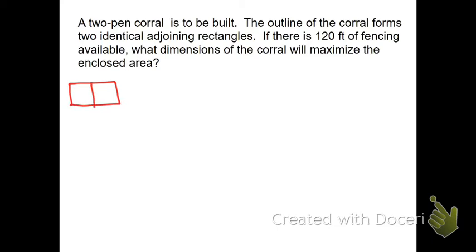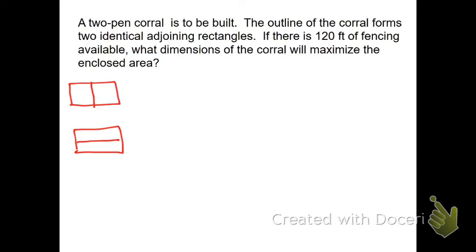The outline of the corral forms 2 identical adjoining rectangles. It honestly doesn't matter if you drew the rectangles this way, you'd still get the same answer in the end, believe it or not. So there's 120 feet of fencing.